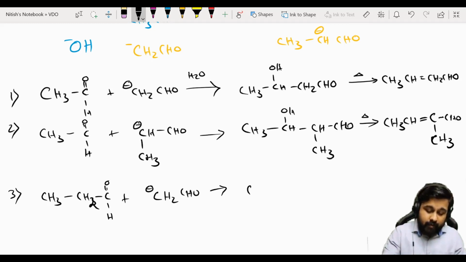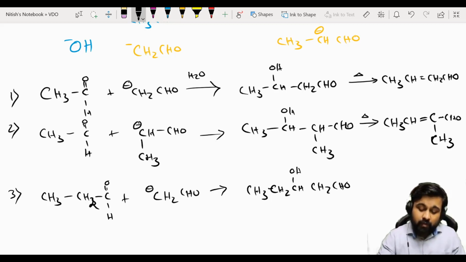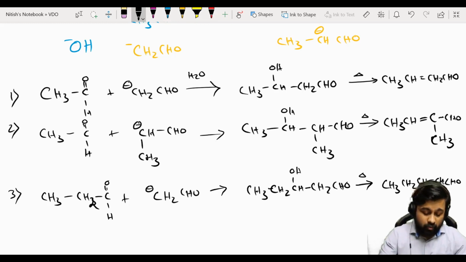We get CH3CH2CHOHCH2CHO. Then upon heating it will be dehydrated to form an alpha beta unsaturated aldehyde. We get CH3CH2CH double bond CHCHO.